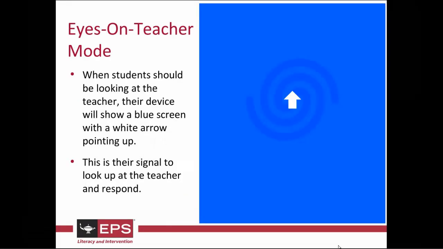So there's many times in a lesson where a student on the student device is going to see the blue screen. This just means eyes on the teacher. Love that. Because, again, there's nothing to really distract the kids from paying attention to you because you're instructing during these times. So when the kids see blue, that means they listen to the instruction.